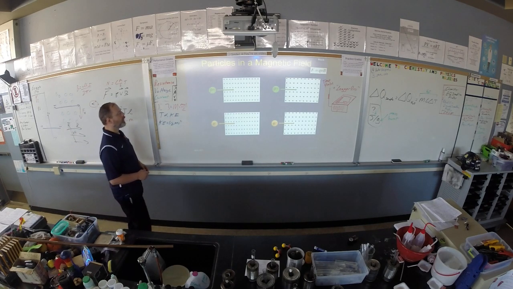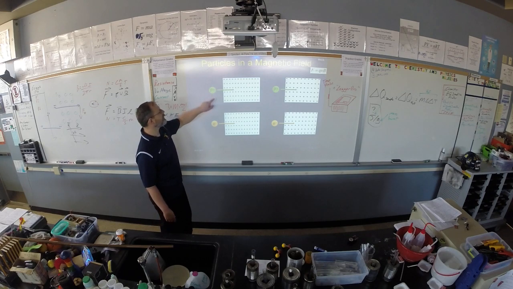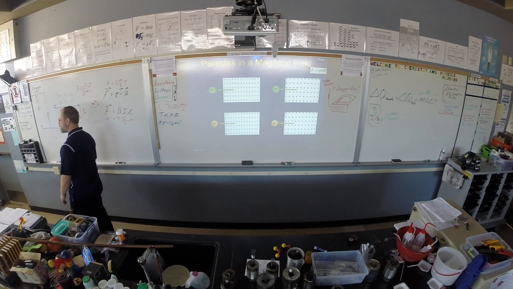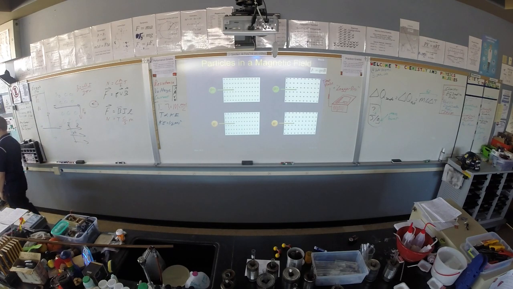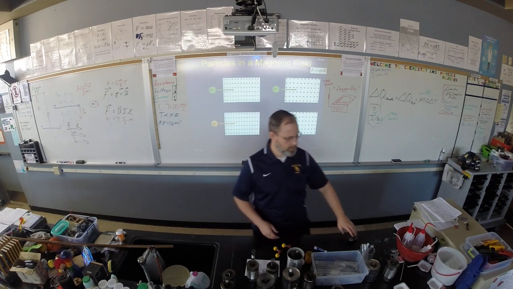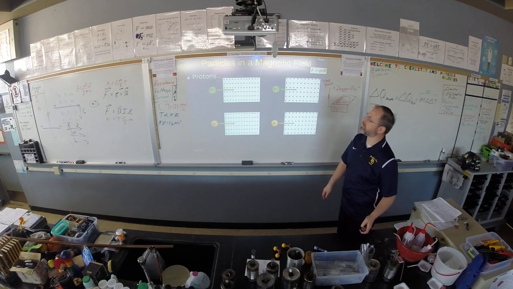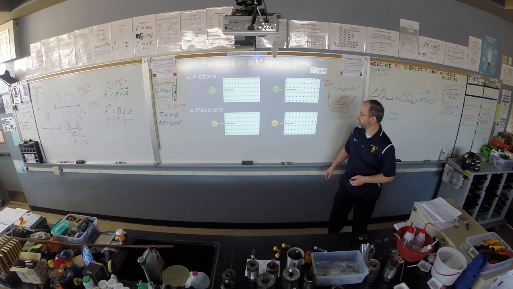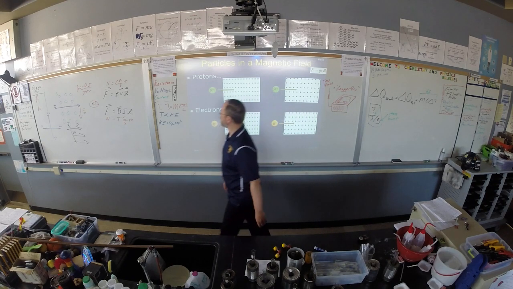What direction will this positive particle feel a force? Use your right hand rule and figure out. To make it easy, we're going to use protons and electrons, but it could be any positive charge and any negative charge.